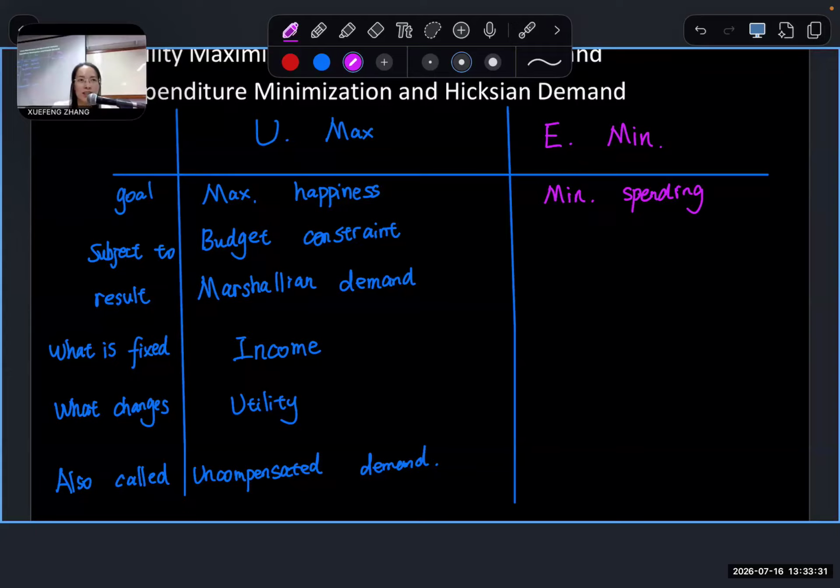So the question is that I want to get the utility level. What is the minimized expenditure that I can spend? What is the minimized money that I can spend in order to achieve that utility level?